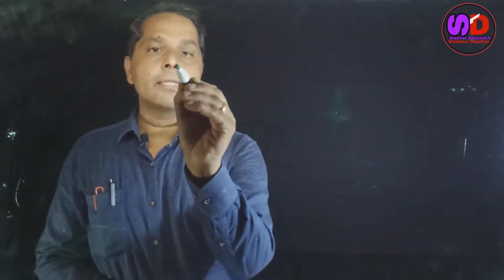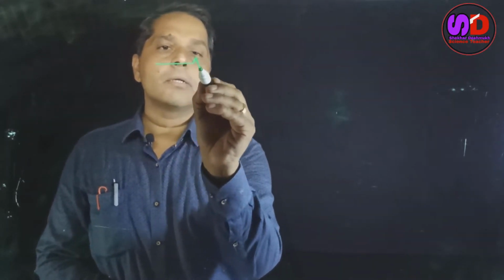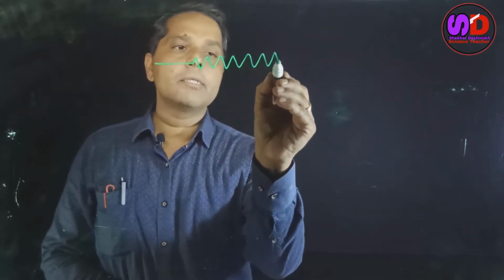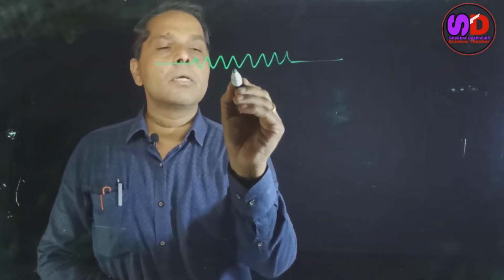In last session we discussed the concept of resistance and resistivity. We know that resistance is nothing but a two-ended equipment. This is the symbol of resistance.